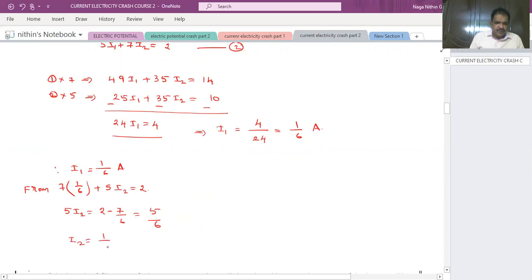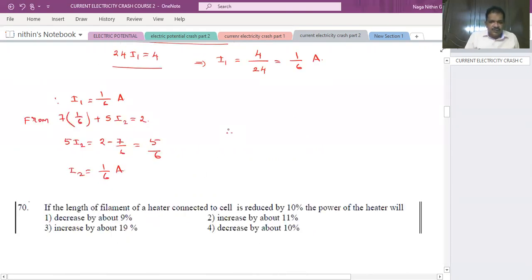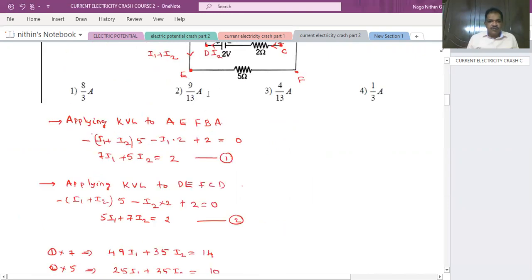I2 is equal to 1 by 6 amperes. We have to find the net current. Therefore, I1 plus I2 is equal to 1 by 6 plus 1 by 6, 2 by 6 means 1 by 3 amperes. So the current flowing through the 5 ohm resistance will be 1 by 3 amperes. This is the answer for it.